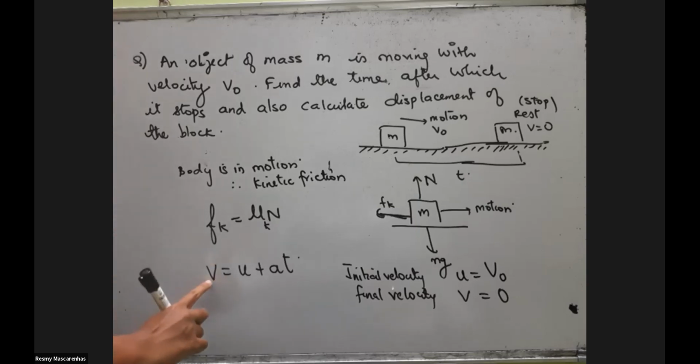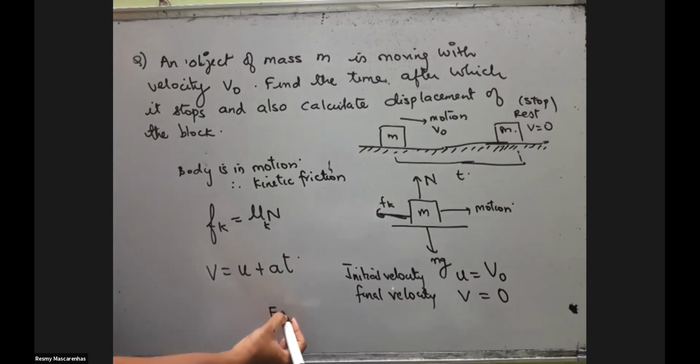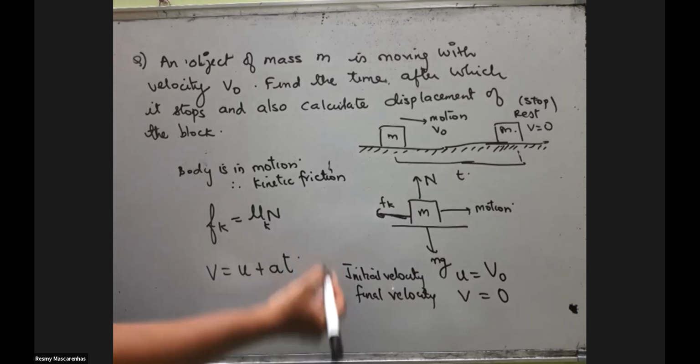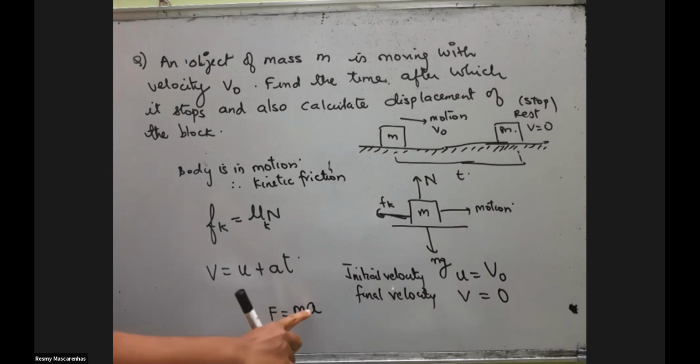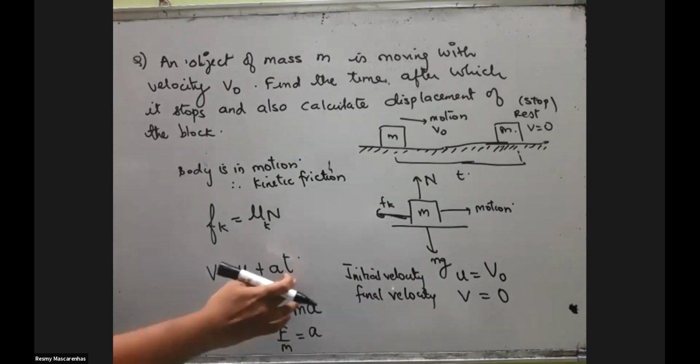Now v we know, u we know. What is acceleration? We know that force is mass into acceleration, so acceleration will be F upon m. We have to calculate time.